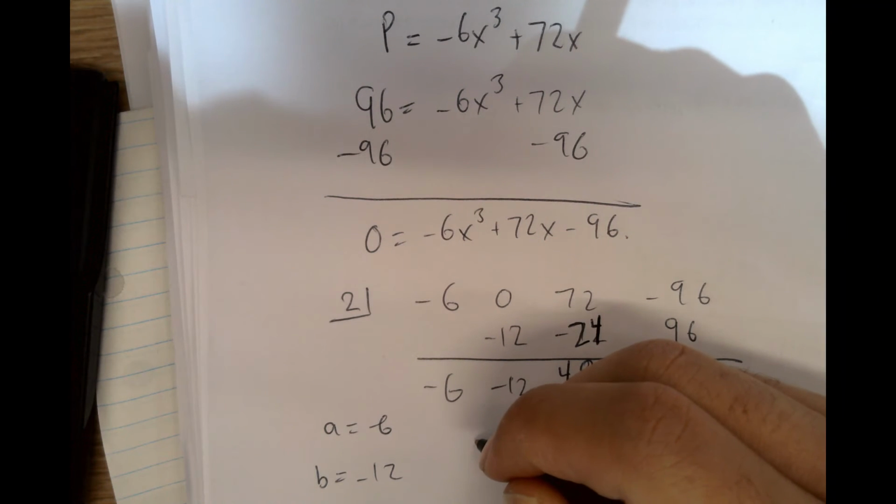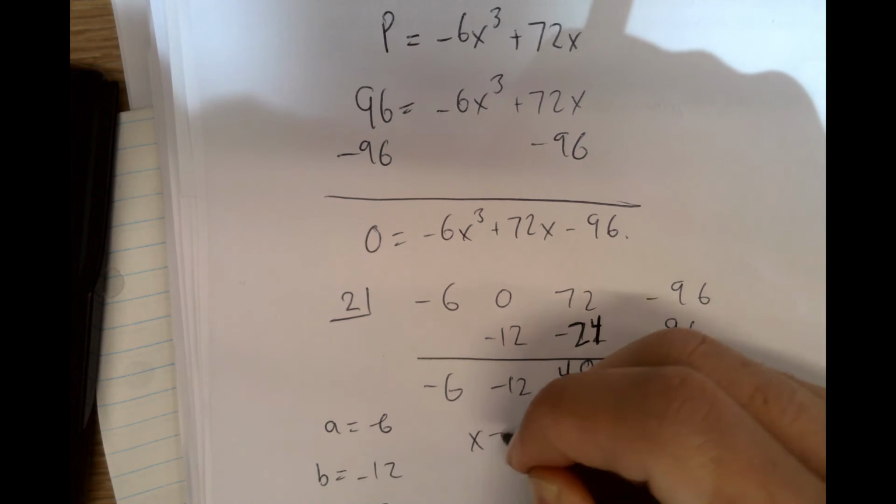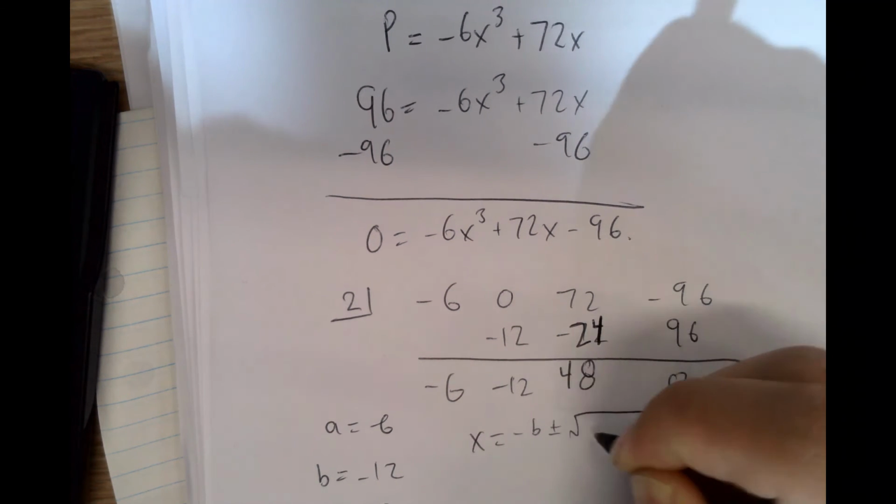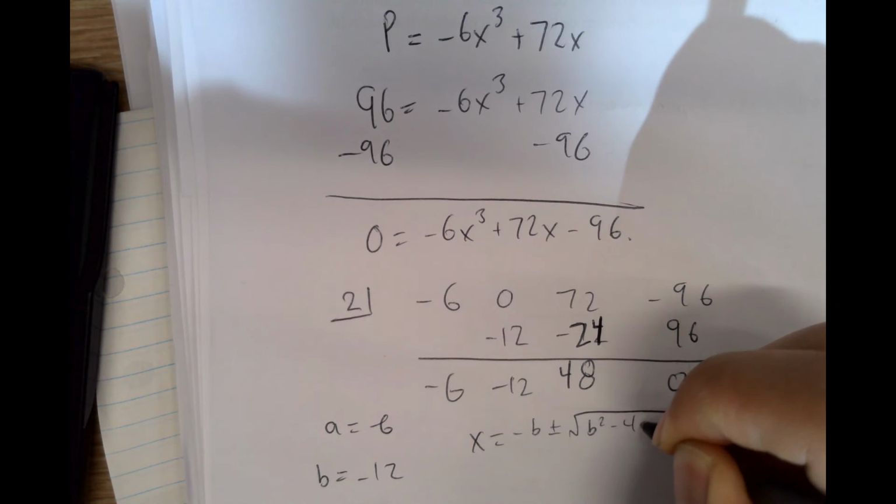So we can use the quadratic formula, negative b plus or minus the square root of b squared minus 4ac, all over 2a.